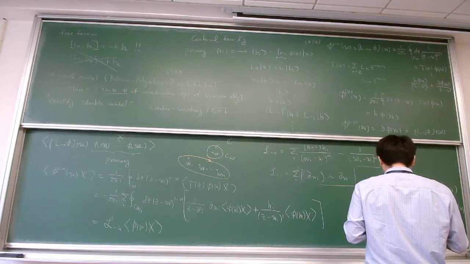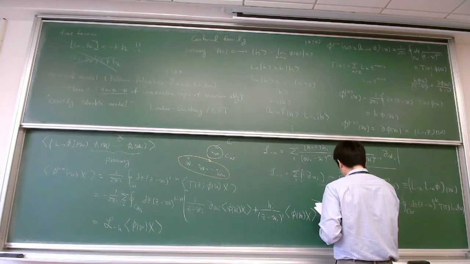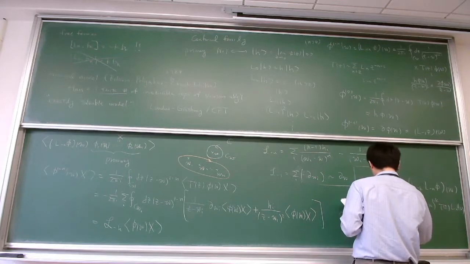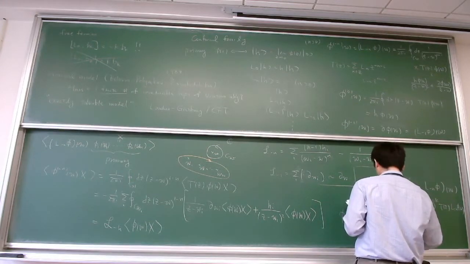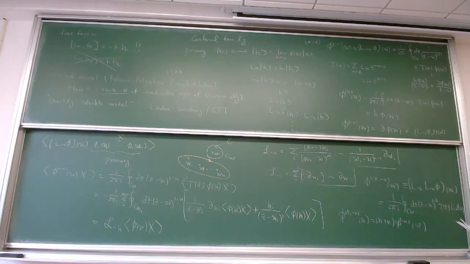In particular, we have that L_{-n} phi of w is equal to (h plus n) phi_{-n} of w. Here you just add the level.